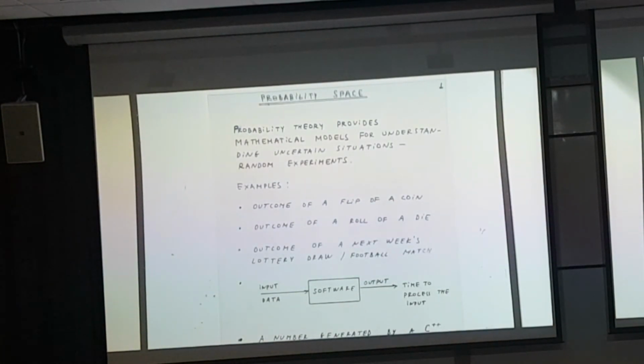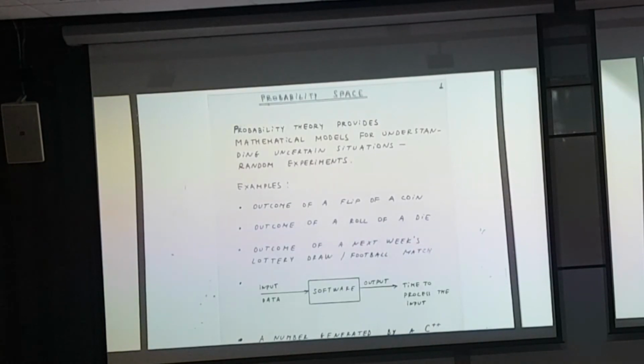So you can treat the input data as a random experiment, and then you would like to find, say, the average time or maximal time it will take to process the input of a certain size. So probability theory actually is quite important for designing reliable software.